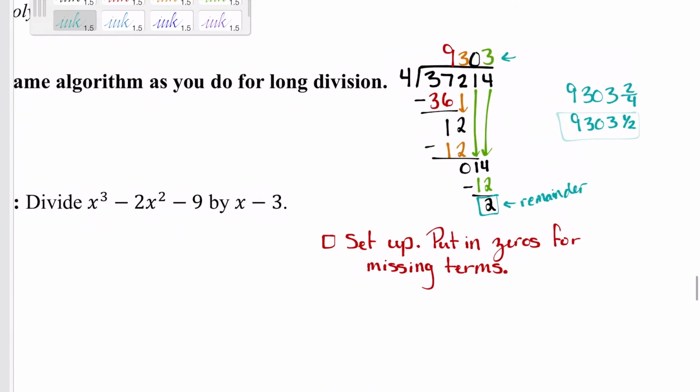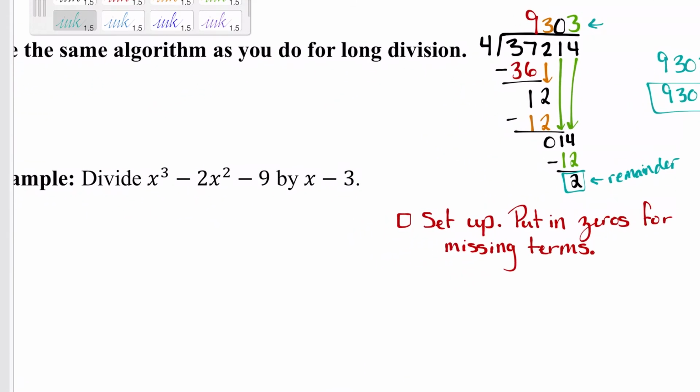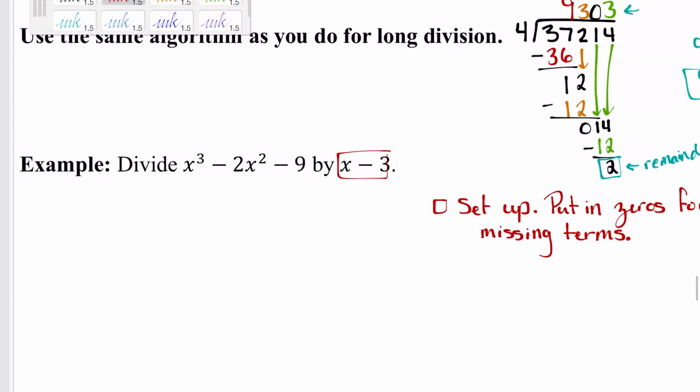So when we're looking at polynomial division, up at the top we had done 37,214 divided by 4. Because we're dividing by x minus 3, that's what's going to go on the outside of my division bar. Underneath, I'm going to set up what I'm dividing, x cubed minus 2x squared, and I'm missing an x.